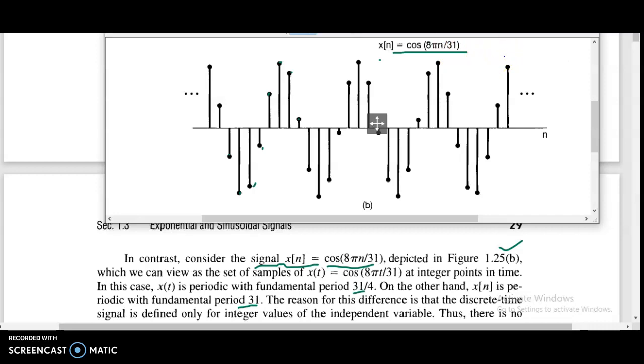In this case, x of t is periodic with fundamental period 31 divided by 4.